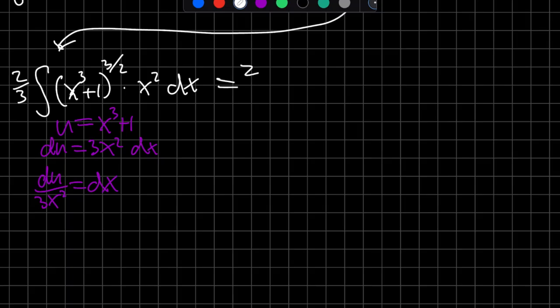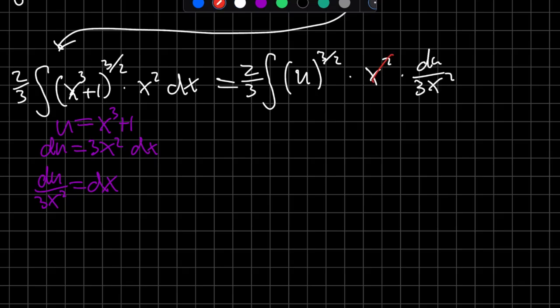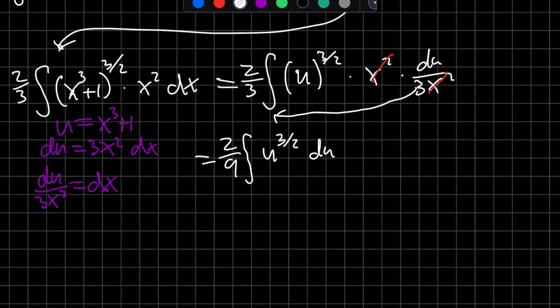So moving on over here, we have this 2/3 integral with our u to the 3/2 power times x squared times du over 3x squared. The x squareds cancel nicely, so we can bring this 1/3 out as well. So we have 2 over 9 times the integral of u to the 3/2 du.